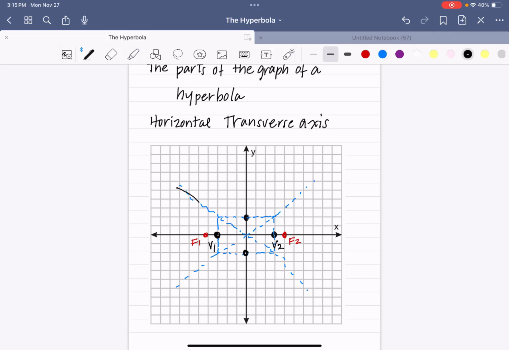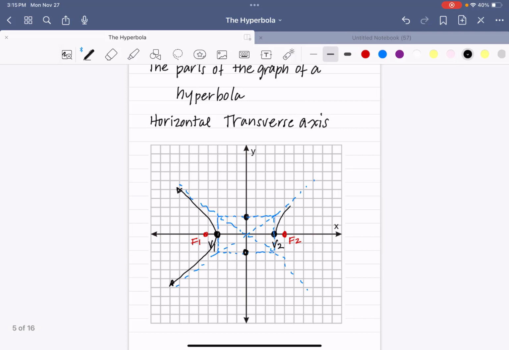It'll come right next to the asymptote and hit that vertex, and then go right next to the asymptote. And then it'll repeat over here. It'll go right by that asymptote through the vertex and right by that asymptote through the vertex. So the black lines are really the only graph of the hyperbola. Everything else is for guidance of how to draw it.